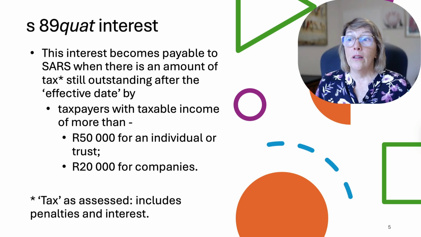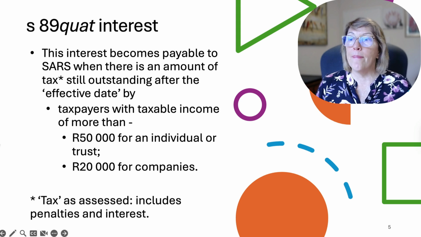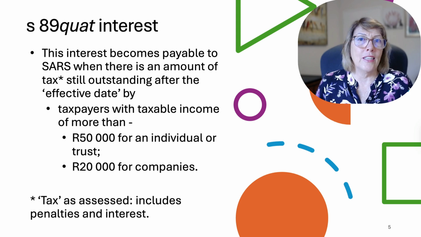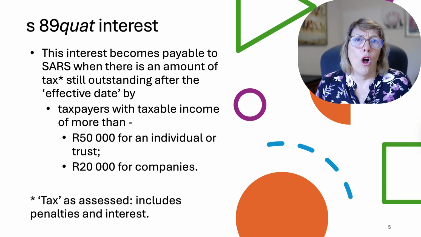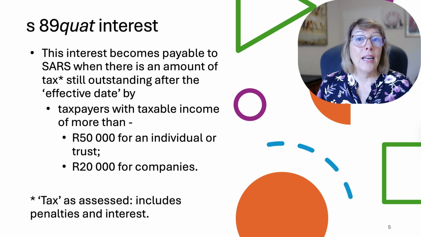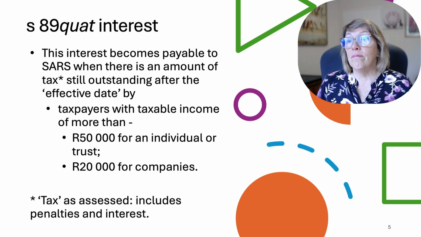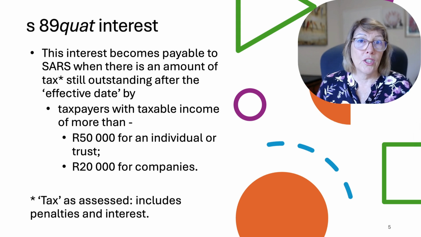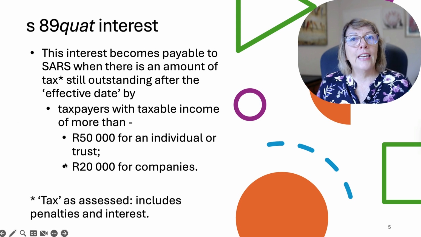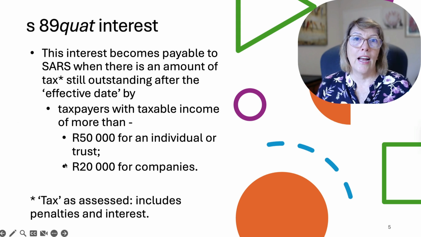It's payable by provisional taxpayers who have taxable income of more than 50,000 Rand in the case of an individual or a trust, and 20,000 Rand for companies. Those amounts look alarmingly low. They haven't been updated for many years, but it really just means that most provisional taxpayers are potentially liable for Section 89 Quat interest.